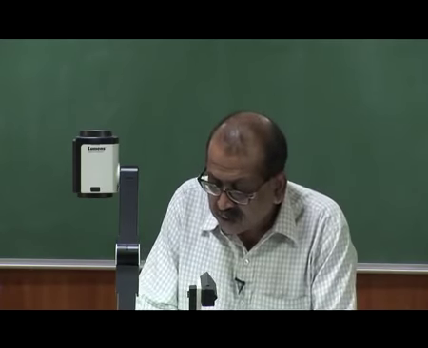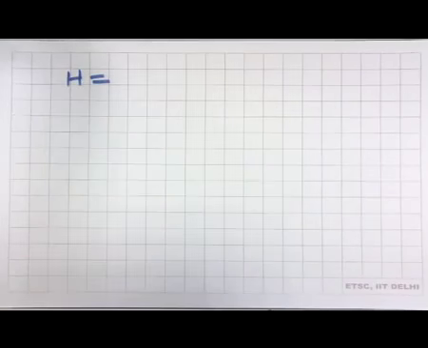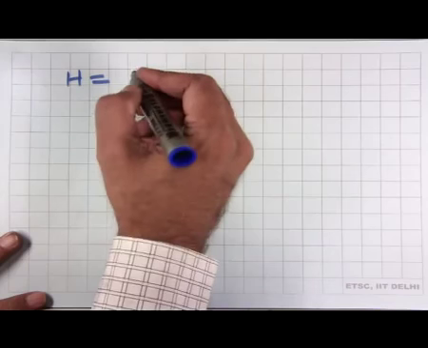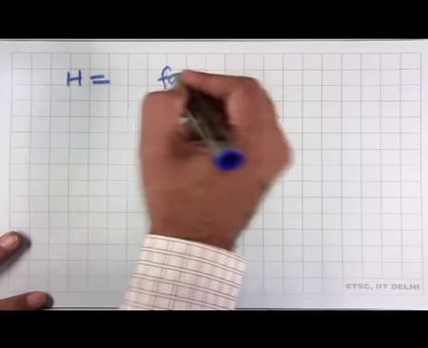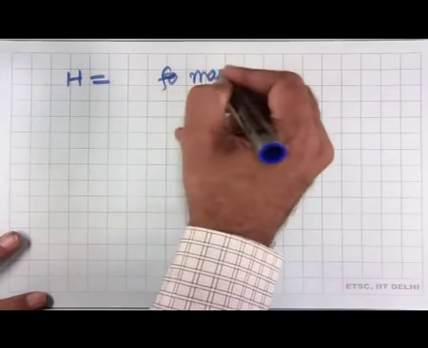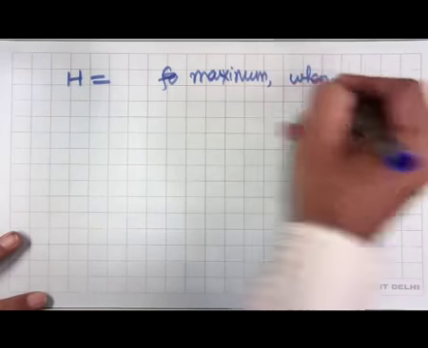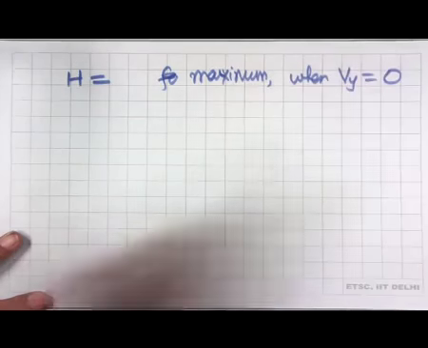Now, let us also see some other things in projectile motion. The maximum height, this we showed in the last class also, is attained in a projectile motion when Vy is equal to 0.